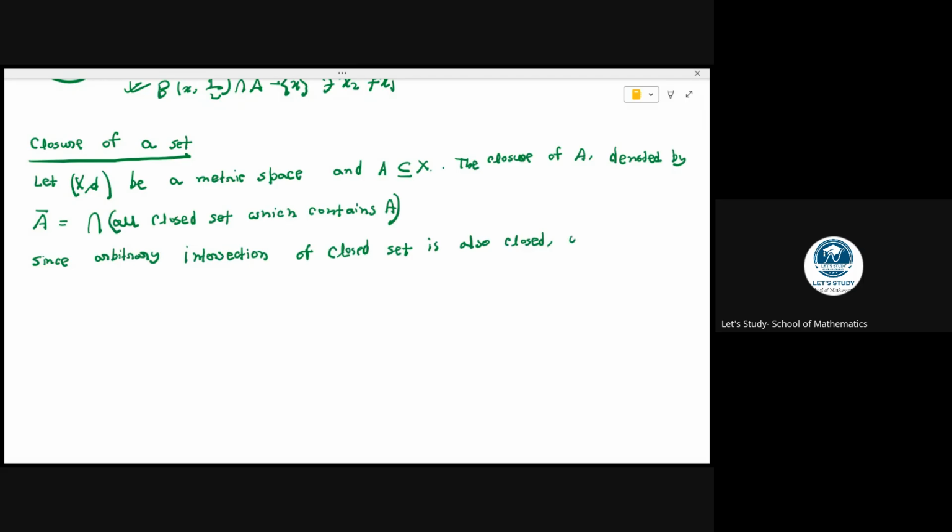We can say that A bar is nothing but the smallest closed set containing A.